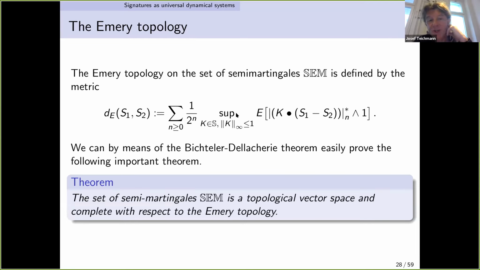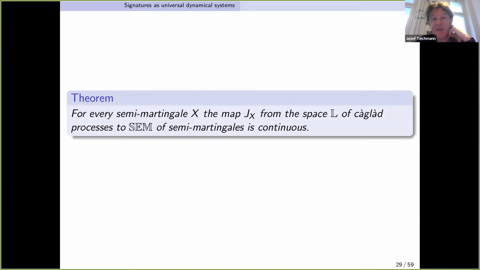And then you can prove that actually the set of semi-martingales is a complete topological vector space with respect to the Emery topology. And the stochastic integral maps from the closure of simple predictable, this is the càglàd processes, to the set of semi-martingales. That's finally the whole beautiful theory at the beginning of semi-martingale integration.